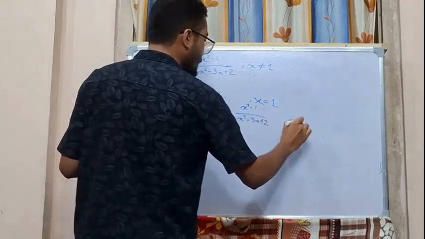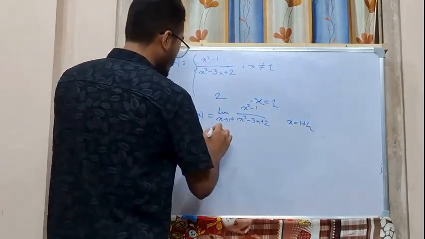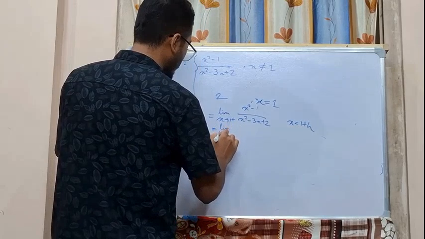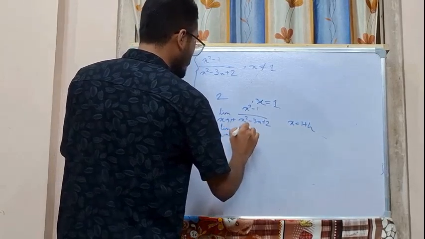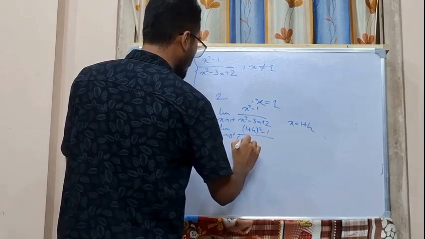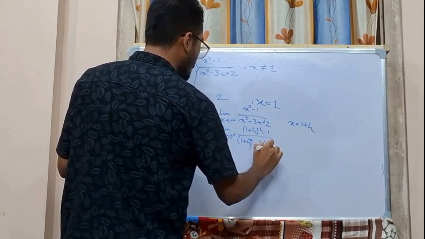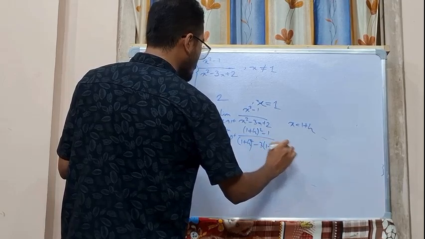We consider x as 1 plus h, which is very close to 1. That's why limit h tending to 0 plus, (1 plus h) square minus 1 by (1 plus h) square minus 3 into (1 plus h) plus 2.